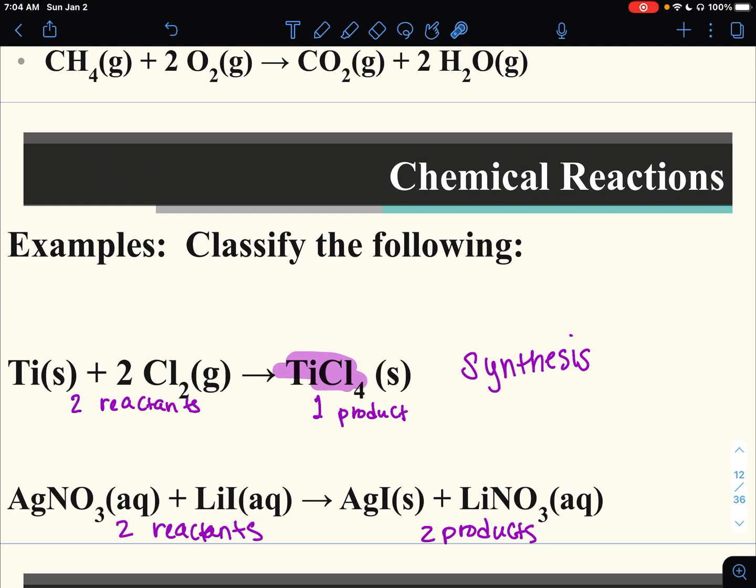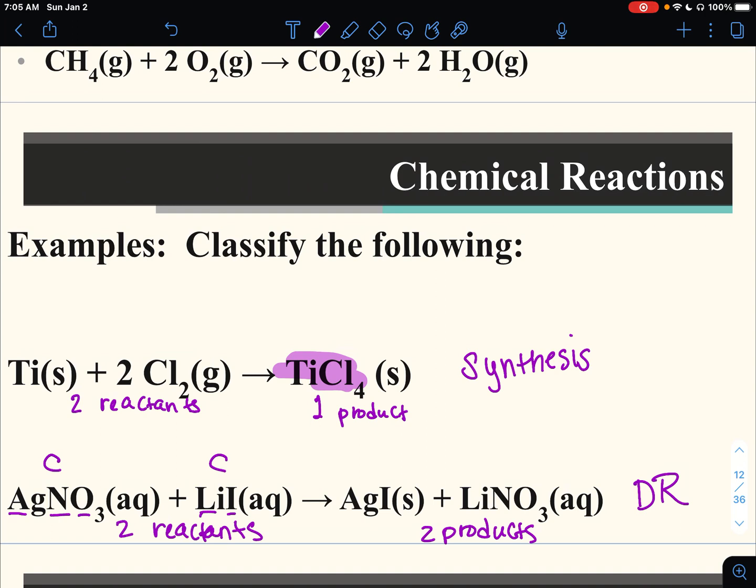So now we know it's either single or double replacement, and to tell the difference between those, we look for capital letters. This is a compound, and this is also a compound, so we know this is double replacement. Now, if you've taken science in another country or somewhere else, you might hear double displacement. It's the same thing. Single displacement and double displacement are the same.